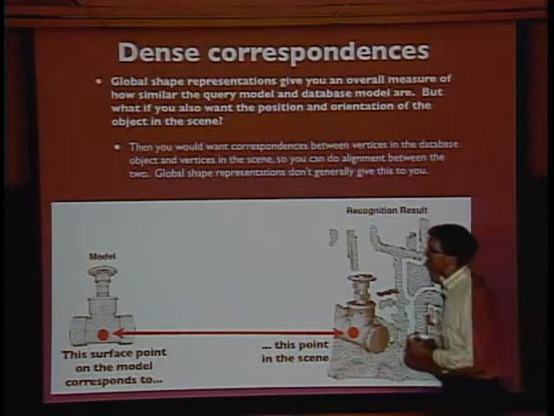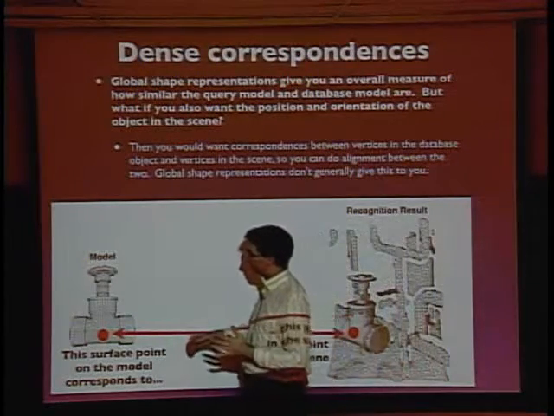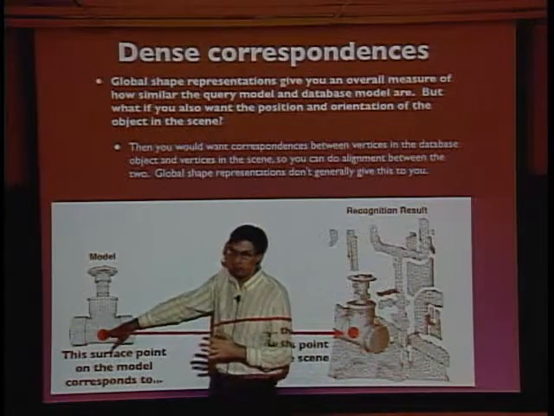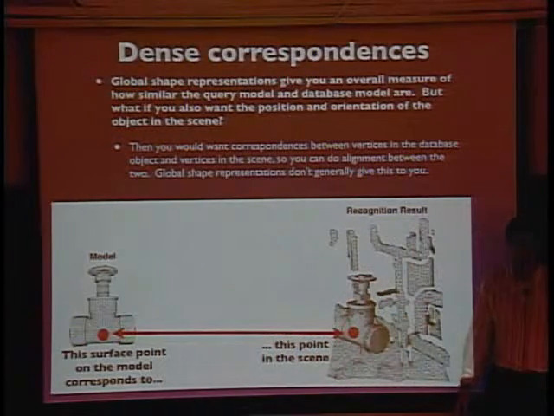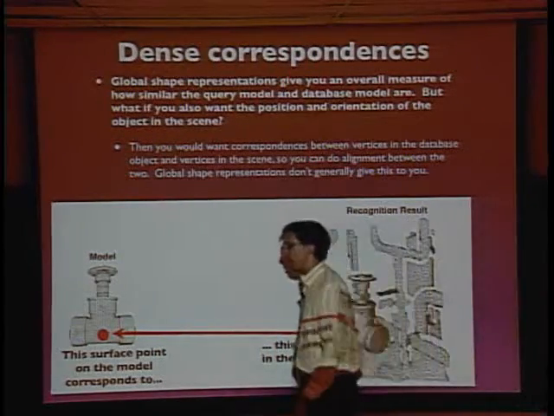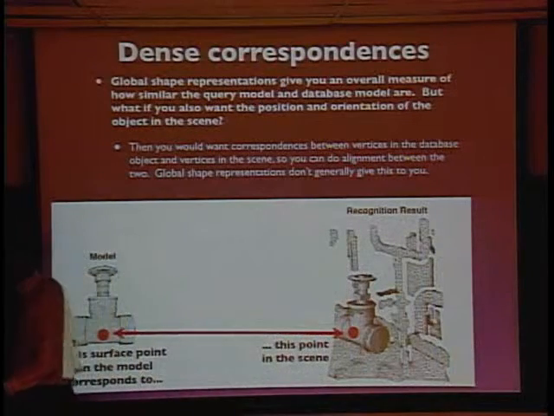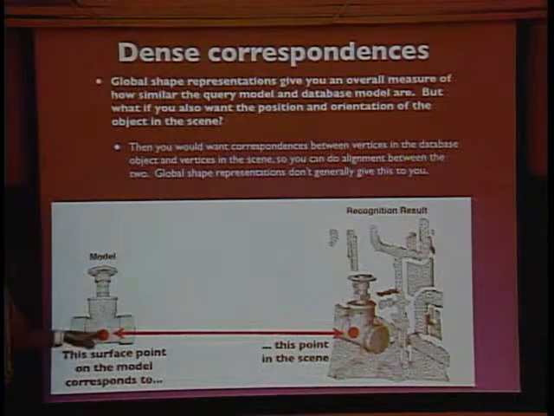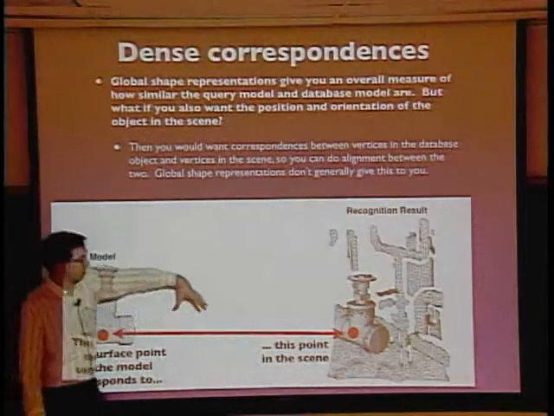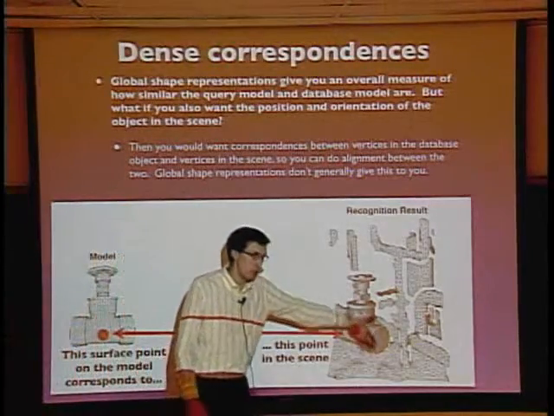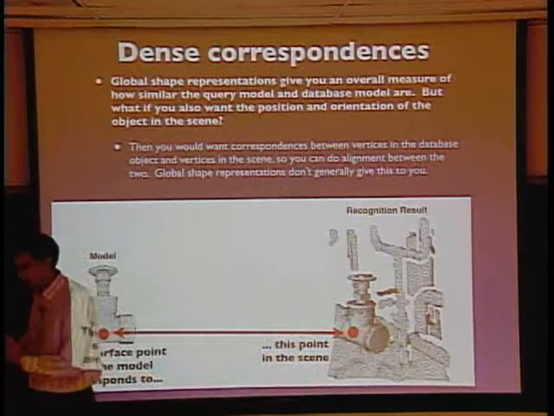And so for example, let's imagine that what I want in the end is a description of the fact that this point on this object corresponds to this point in the scene. The reason why you might want that is for verification. If I have a set of correspondences between points here and points there, then I can determine what the transformation is that aligns this model to this scene, and then see how well it matches up.